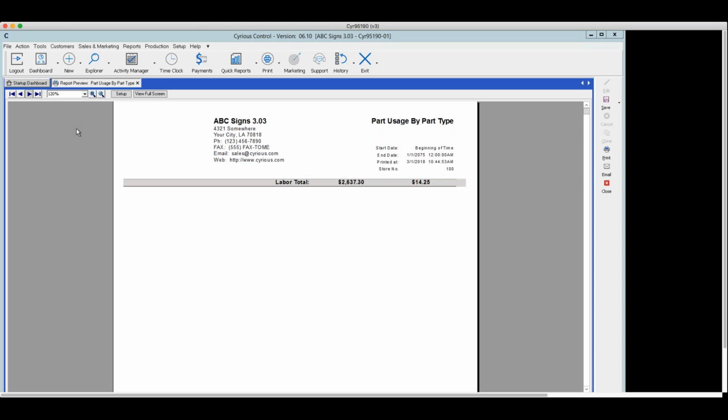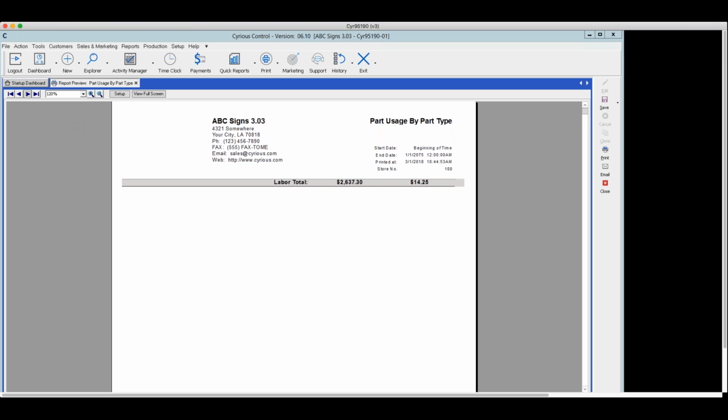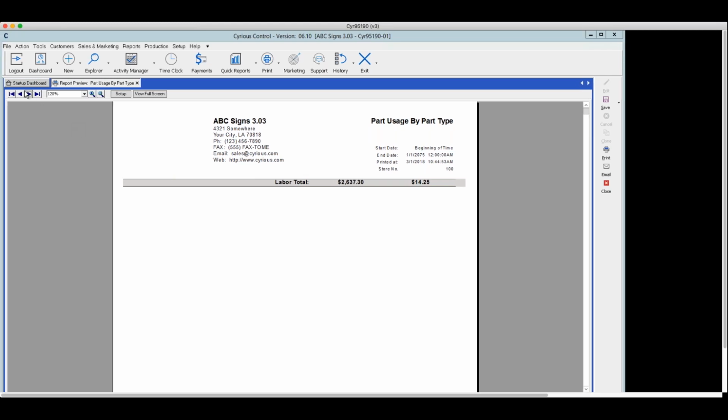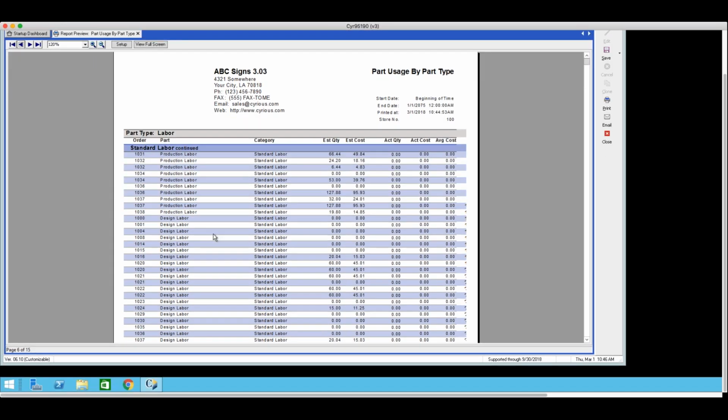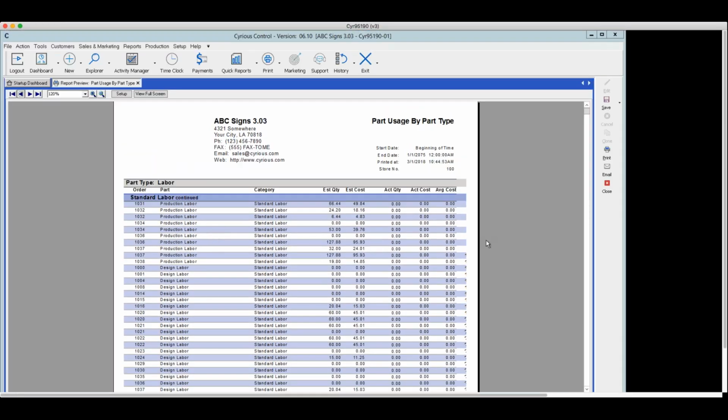The report does not summarize to eliminate the history here. That would be wonderful if it could, just give you the total for standard labor, the total for the other parts that are involved, but it doesn't. So it's an extremely, extremely detailed report.